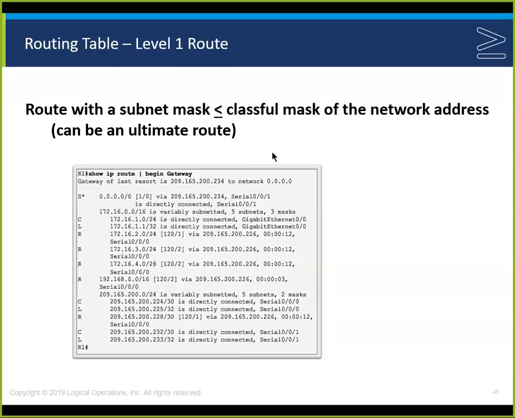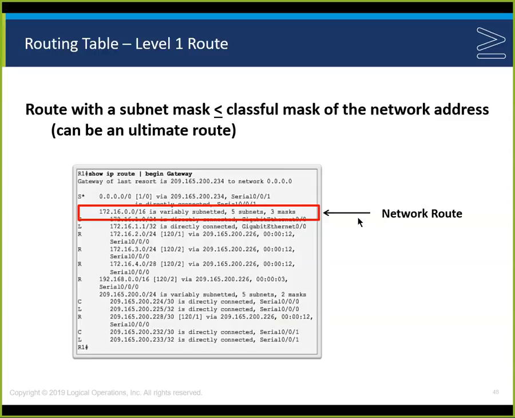A route with a subnet mask less than a classful mask of a network address can be an ultimate route, and we want the one that has the longest prefix in it.